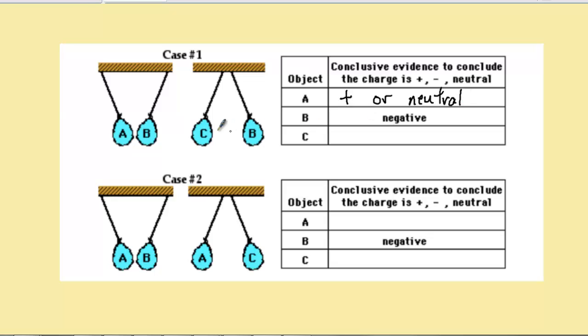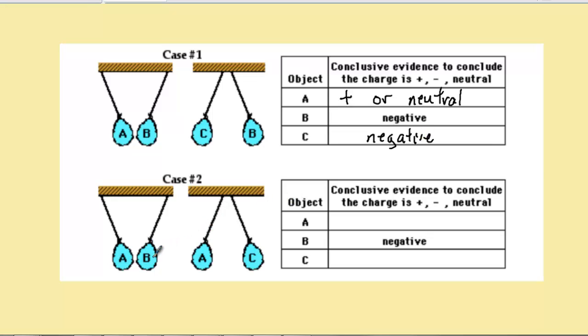Because remember, neutral objects can be attracted to a charged object. All right, now if we know that B is negative and C is repulsed from it, remember that's conclusive evidence that they're the same charge. So C would have to be negative. All right, that wasn't too bad.